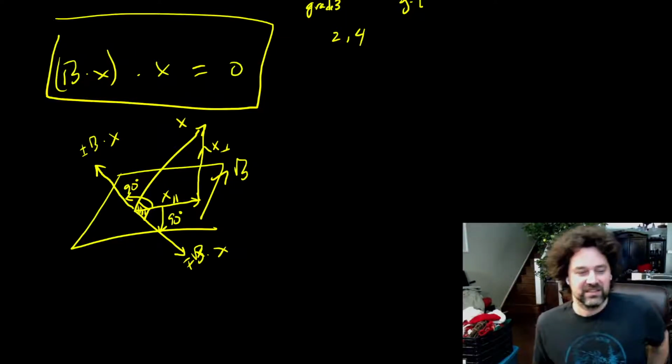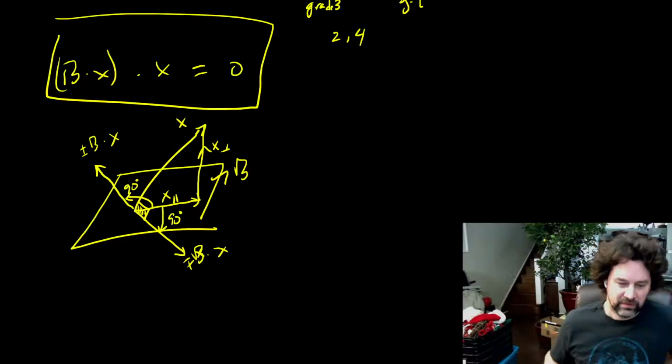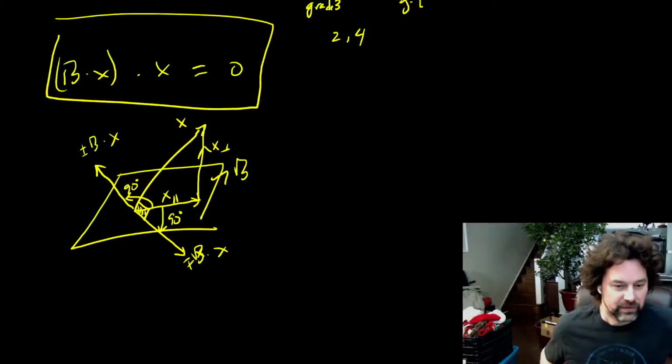So that's geometrically what we're talking about when we say that b dot x, with respect to the components of x that project or reject from the plane. Let's explore that a little bit more.